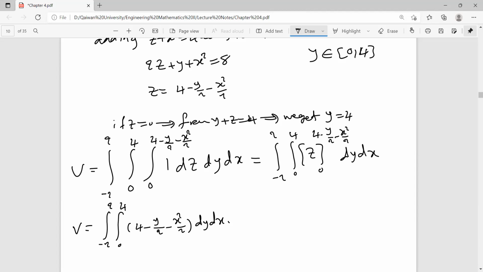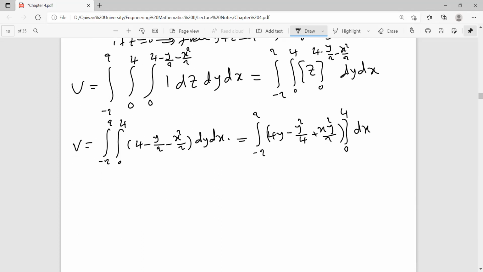Now we take another integration for the function with respect to y. If we take the integration with respect to y, we get integration from -2 to 2 of 4y minus y squared over 4 plus x y squared over 2, from 0 to 4, dx. We have only one more integration with respect to x. We replace y by 4, then by 0. When you replace y by 0, all terms become 0.